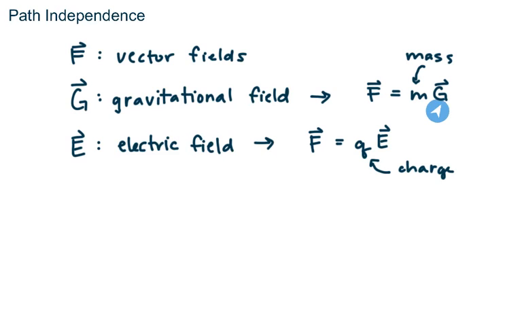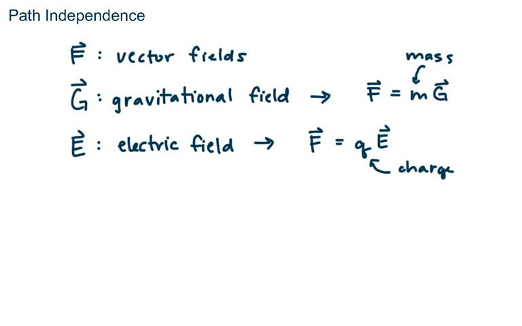When we think about a gravitational field, gravitational force on a body of mass can create a vector field, same as with an electric field. So some charge can be acted on by an electric field, which would also create a vector force field.